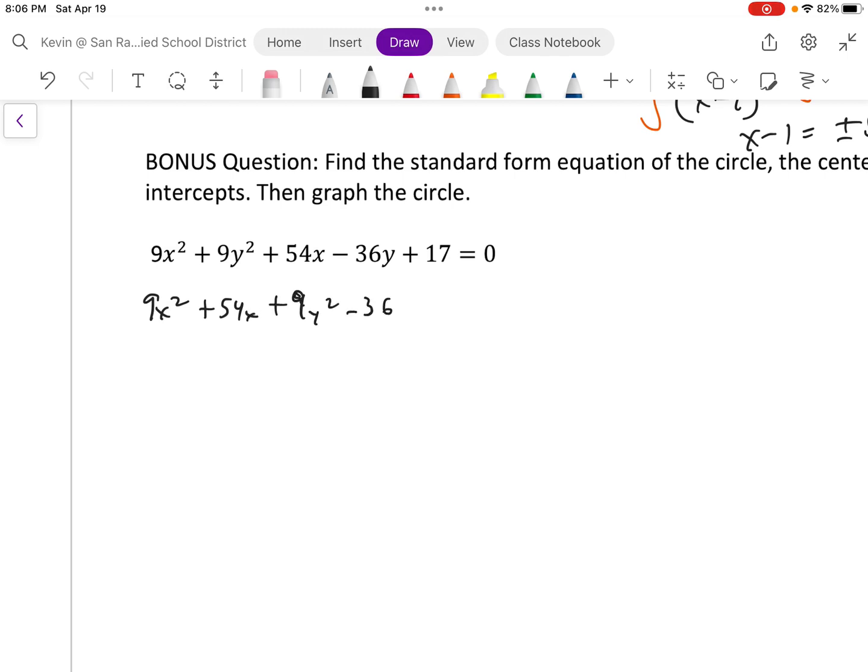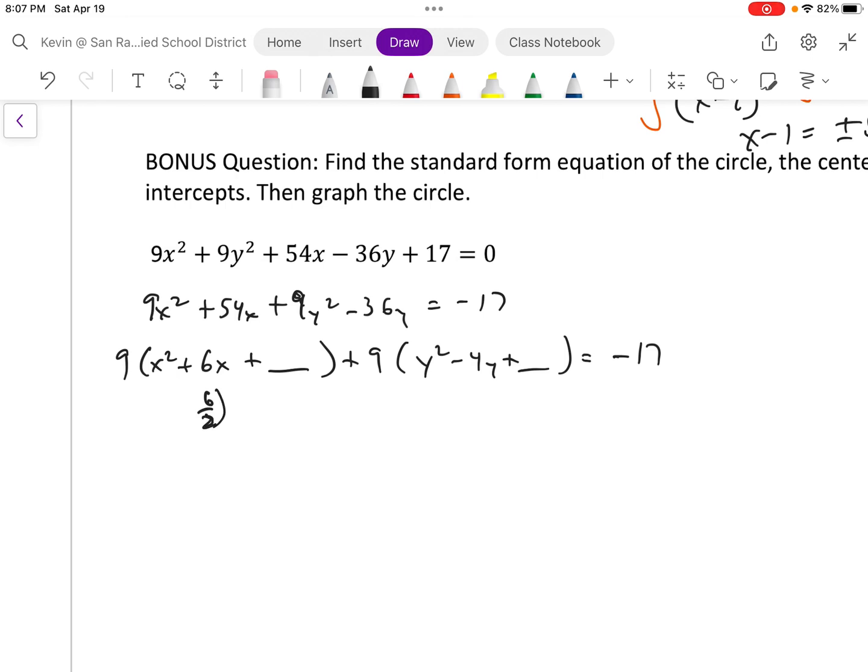I'm just going to go 9x squared plus 54x plus 9y squared minus 36y equals negative 17. I'm going to factor out the 9: 9 times (x squared plus 6x plus some value) plus 9 times (y squared minus 4y plus some value) equals negative 17.